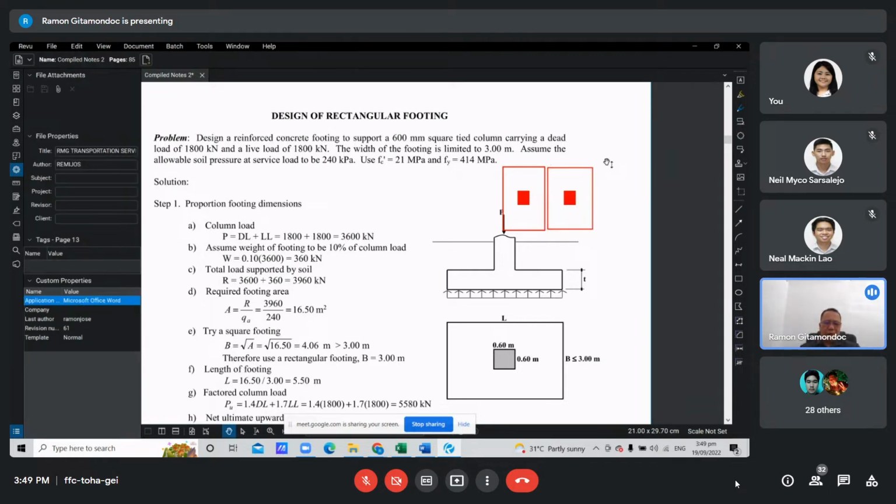So duha ni siya ka example, but I think that will be sufficient for now. Nga dunay mga situations nga kinahanglan mo gamit og rectangular footing.